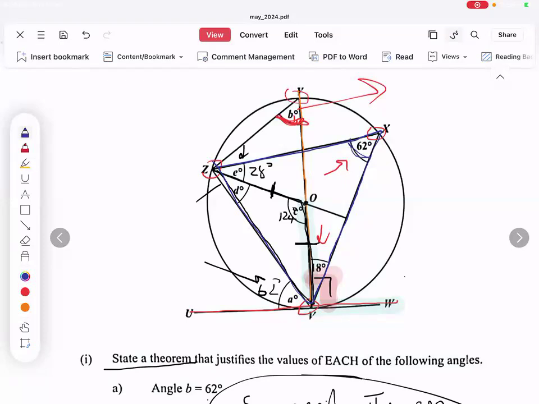Look, you have the 62 right here, and you have 28, which is D. So 28 should have been at D. All right, good. So you have a complete triangle now. We can't find a piece yet.